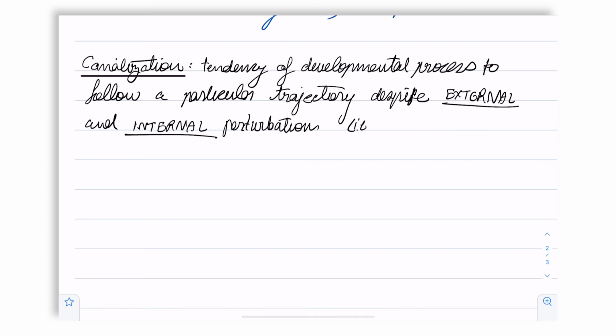That is, it is robust, is called canalization.